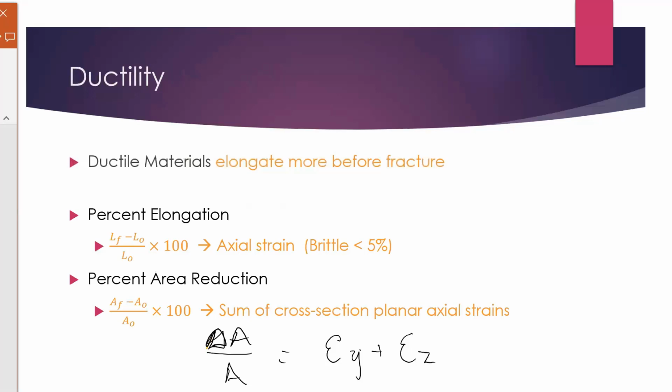So if you elongate a material in, say, the X direction, it's going to contract in the Y and the Z. You can think of like bubble gum. Have you had kind of a piece of bubble gum or the silly putty where you extend it out like this and then you see it shrink in? That's Poisson effect. So even though you have stress only in one direction, you have strain in all three.